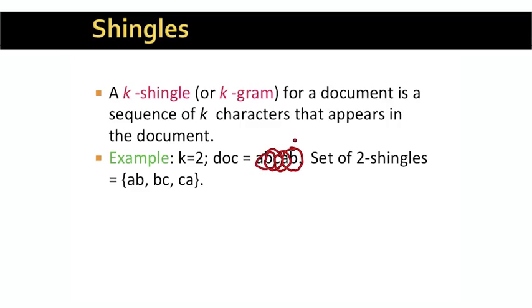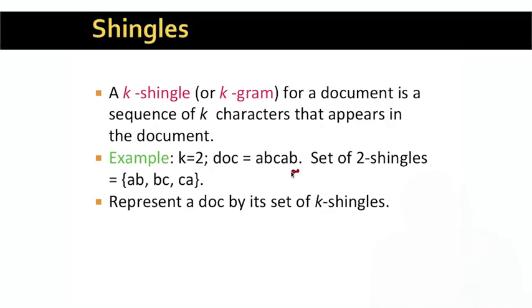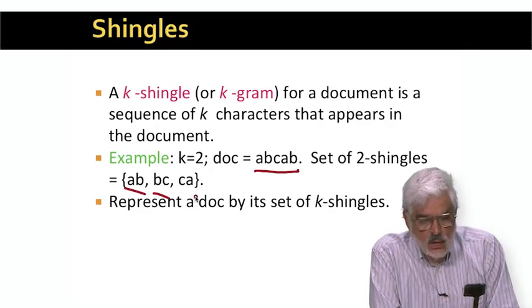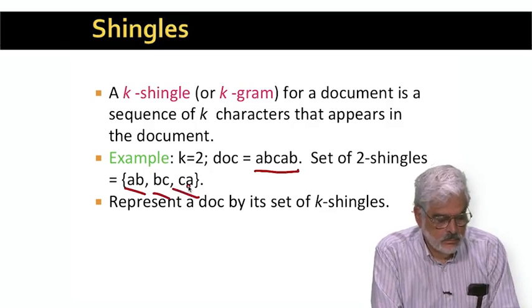Since we're constructing a set, we include the repeated 2-shingle AB only once. And thus, our document ABCAB is represented by the set of shingles AB, BC, and CA.